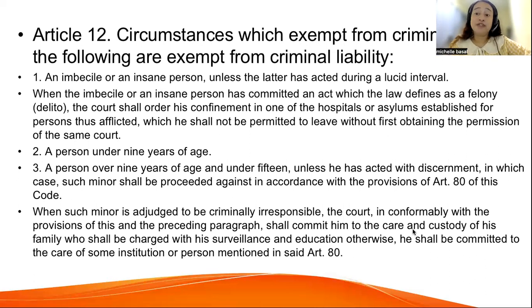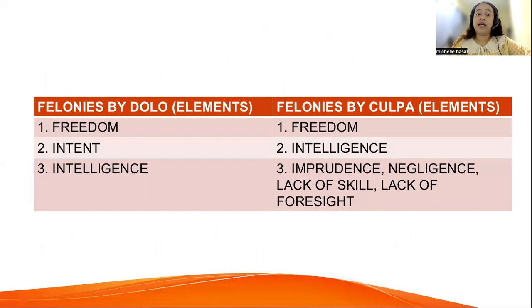Because these persons, if below 15 years old, or 15 years old and above but below 18 years old who did not act with discernment, when we go back to intentional felonies, the element of intelligence is not present. Why not? Because they cannot fully comprehend, they cannot fully understand the repercussions of their acts.